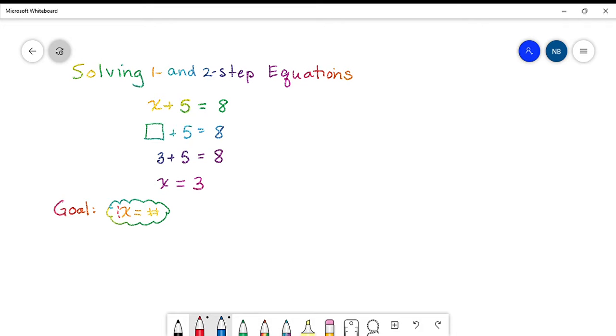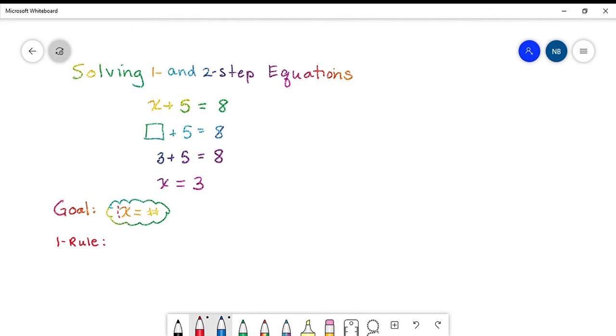Okay, well, the good news is there is only one rule in solving algebraic equations, and that rule is you have to do the same thing to both sides of the equation. The sides of the equation are determined by the equal sign.